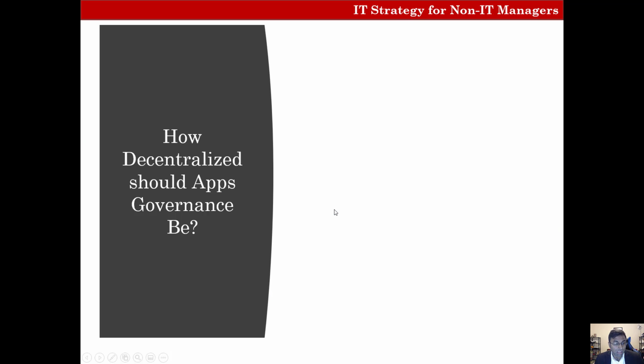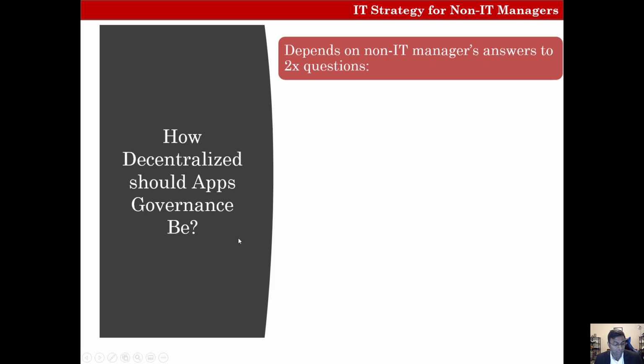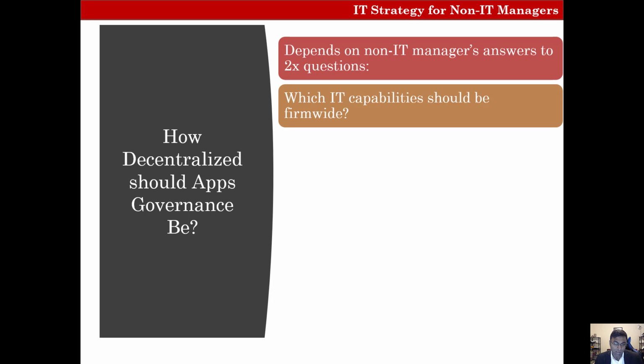So how decentralized should apps governance be? Where within the decentralization band should your firm locate the application rights decisions? It depends on, again, non-IT managers answering two questions. What IT capabilities should be firm-wide?